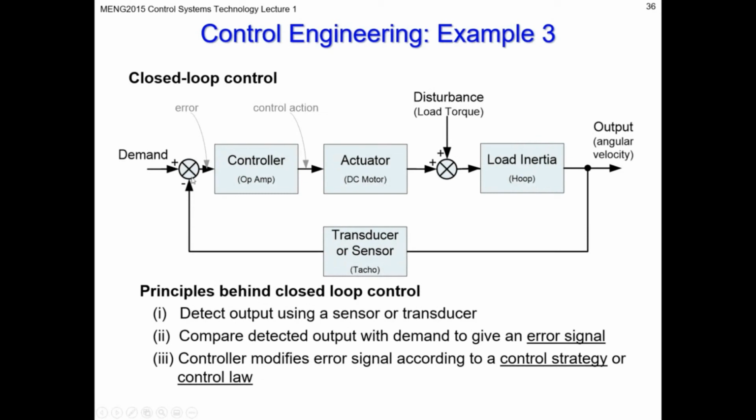So we're now comparing the measured speed with the input speed, and it's negative feedback. So you always subtract the feedback from the set point, from the demand. All right, so now we'll have an error, which is the difference between what we're asking for and what we're getting.